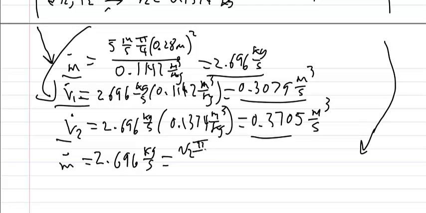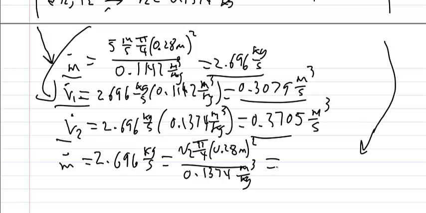The area is the same, pi over 4 times 0.28 meters squared, and then divide that by 0.1374 meters cubed per kilogram. We go through the mathematics here, and we end up with a solution for the velocity, and the velocity at 2 is just 6.02 meters per second.